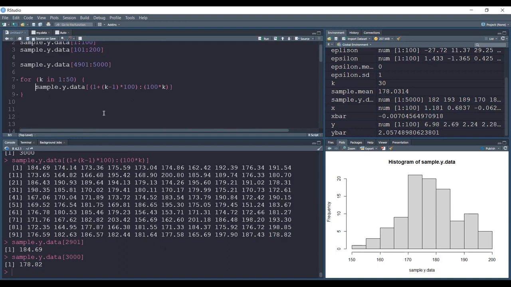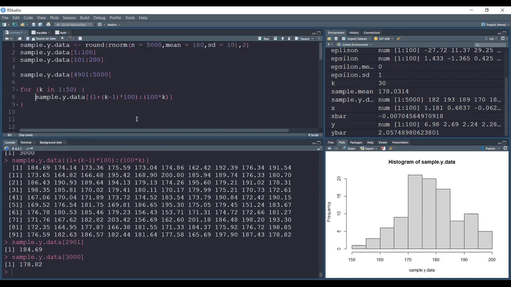Of course, we need to reflect the changes made here. But now we're going to calculate the mean of each data set, and we're going to save it somewhere. So I'll call them mu hat.